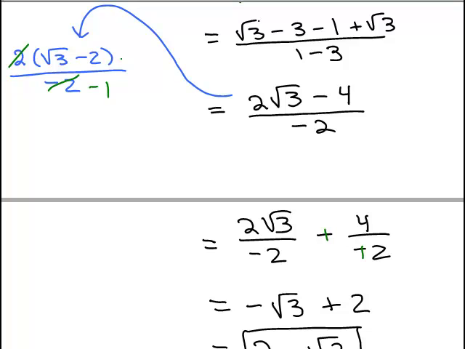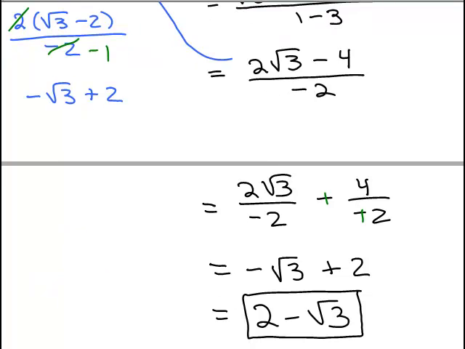It means you change the signs of the numerator, because that's the same thing as multiplying by negative 1. Dividing by negative 1 is the same. So you would get negative square root of 3 plus 2, which is exactly the same as 2 minus square root of 3. So our final answer here, for the tangent of 15 degrees, is 2 minus square root of 3.